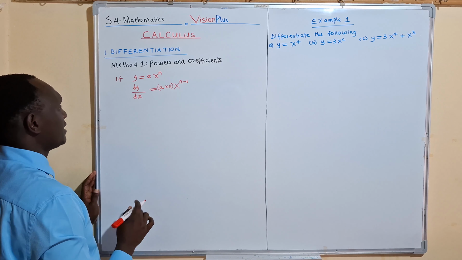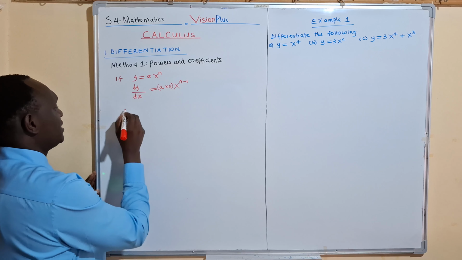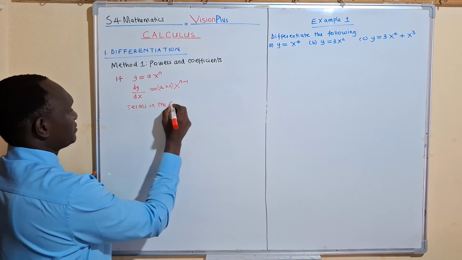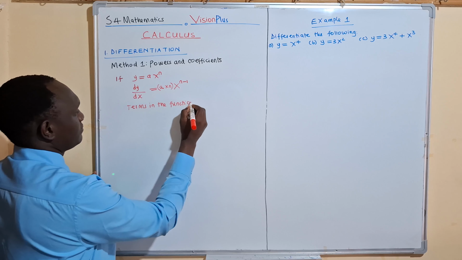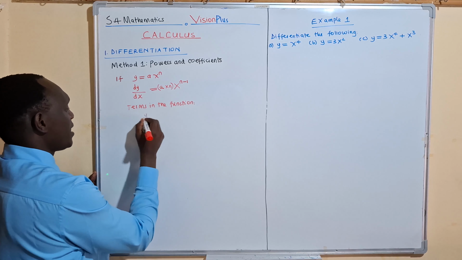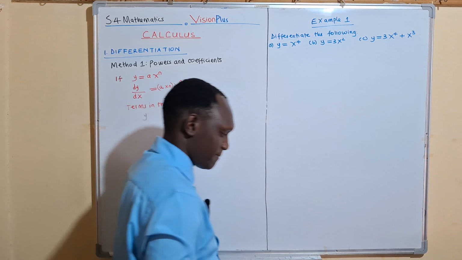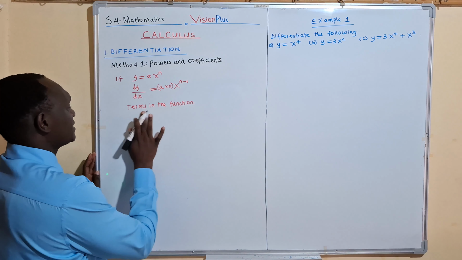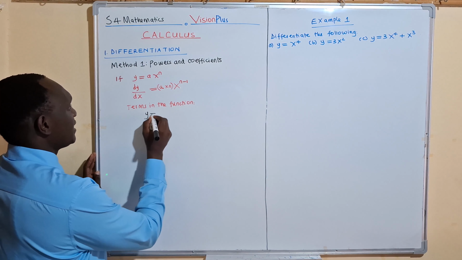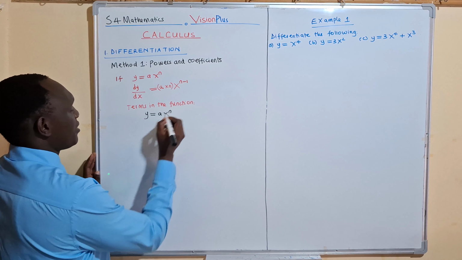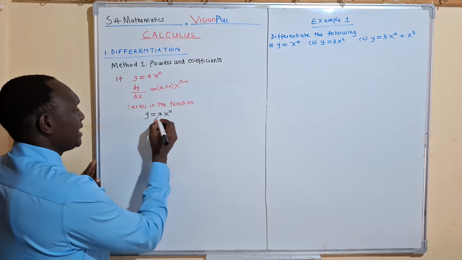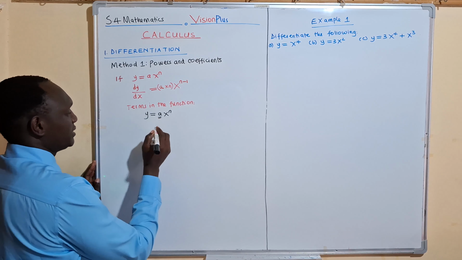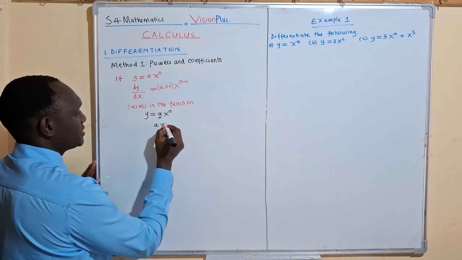Allow me to define some key terms in the function. We have seen that the function is y equals ax power n. The first thing that we must know is that the coefficient of the function a should not be 0.